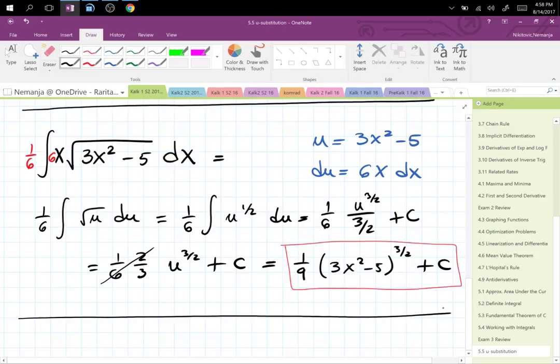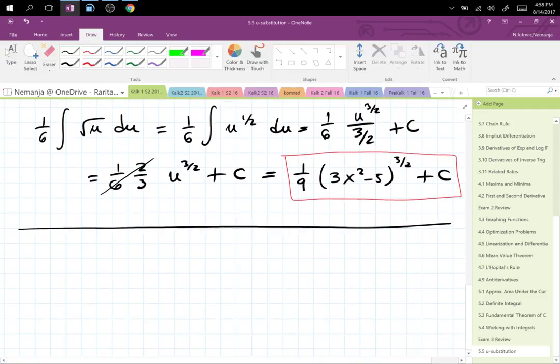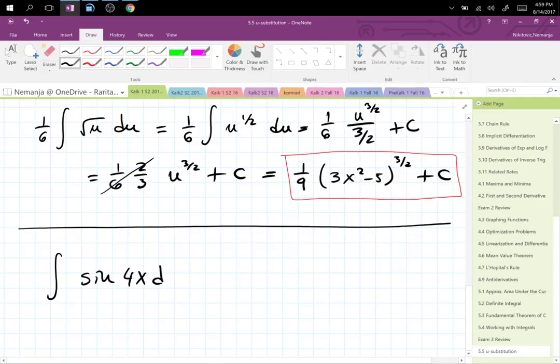All right. Let's see. Integral of sine 4x dx. Do you remember that one? What are you supposed to do? It's just integral of sine divided by 4, right? Okay, so what's the integral of sine? Integral of sine is negative cosine, of course.